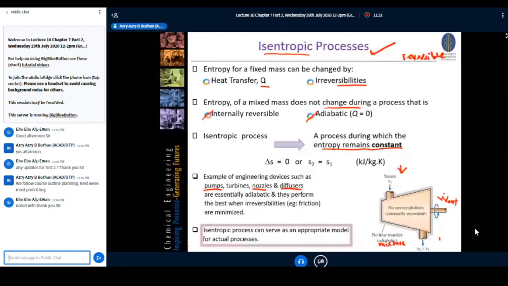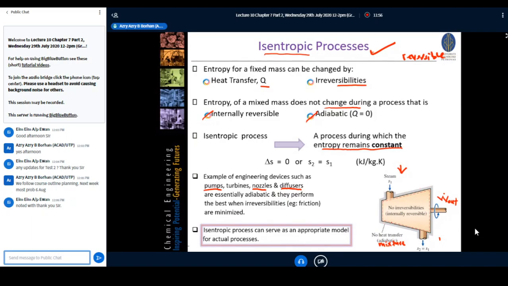Now, there is a special case called the isentropic process. Under an isentropic process, if this is your turbine, we know that a turbine will produce maximum net work if there are no irreversibilities present within this selected control volume.